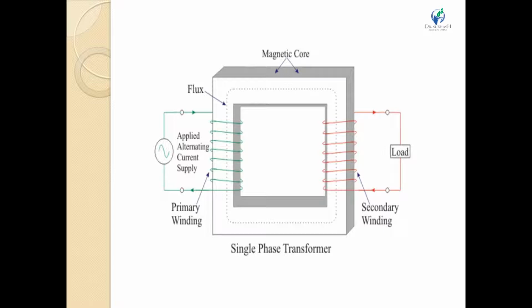The AC supply is connected to the primary winding, whereas the load is connected to the secondary winding. The primary and secondary are isolated from each other as well as from the iron core. Thus, there is absolutely no physical connection between primary and secondary winding.